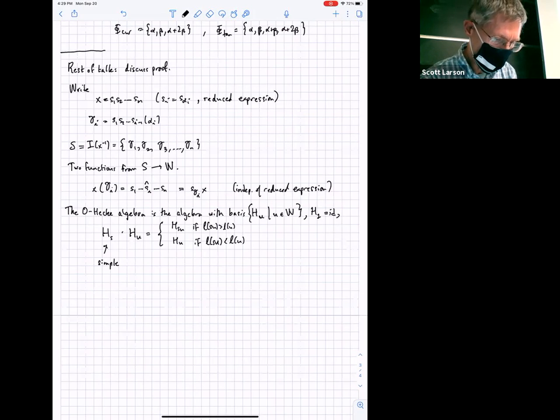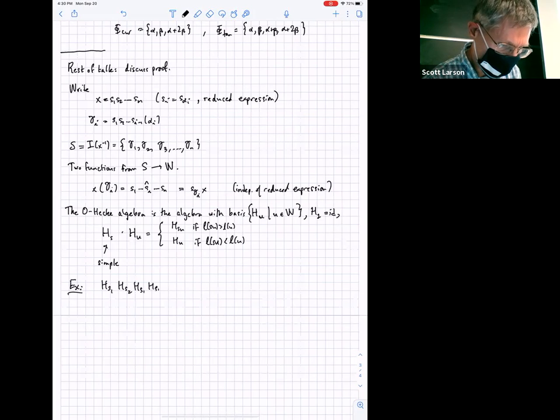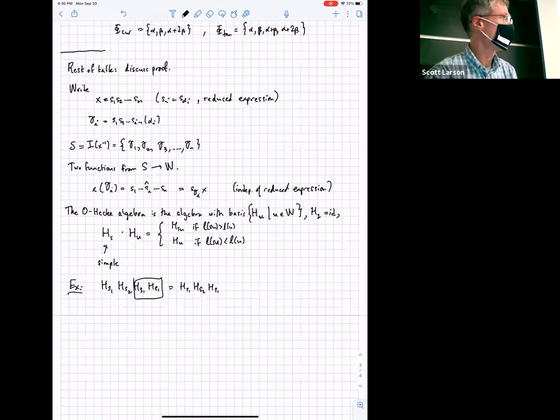The interesting thing about this, for example, is that if I take h of s1, h of s2, h of s1, h of s1, this is the same as just h of s1, h of s2, h of s1, because these two things together just multiply as h of s1, because of the way the length works.